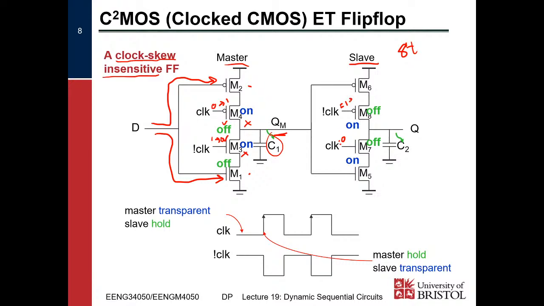However, these 2 transistors turn on, and so the value on QM is inverted by the M6, M5 pair and their gates, and then driven through M8 and M7 to Q. So the slave is transparent and the master is in its hold state when the clock is high, other way around when the clock is low, and on the clock edge, data that was on QM gets propagated through to Q. So again, it's a flip-flop.